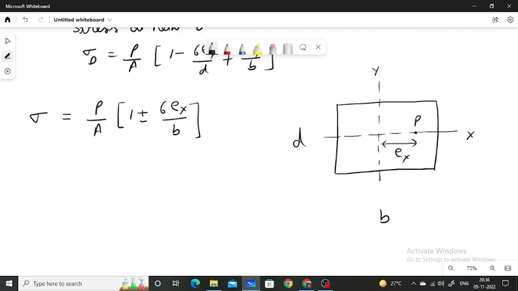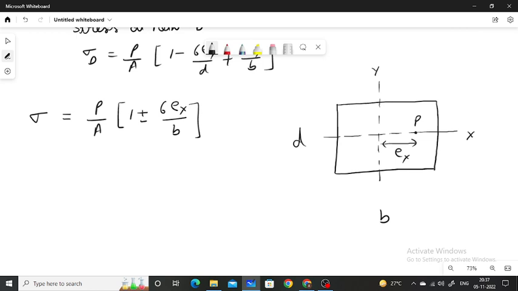For failure will occur in the columns due to the tensile stresses, if the magnitude of the stress about any point of the cross section of the column is tensile.